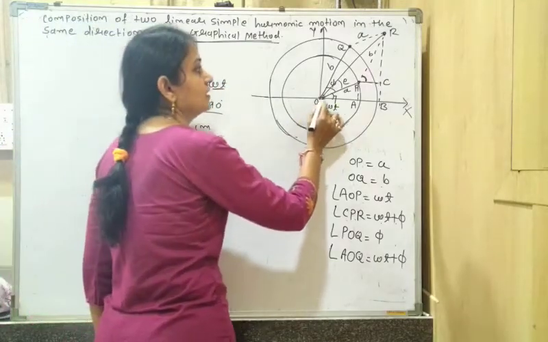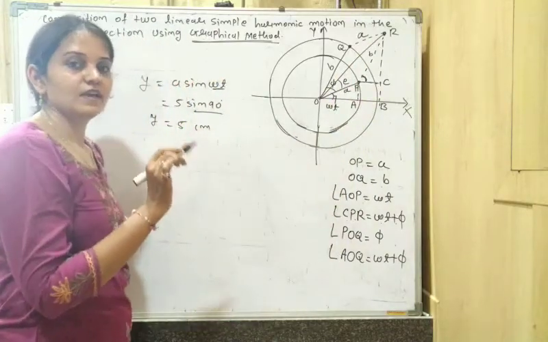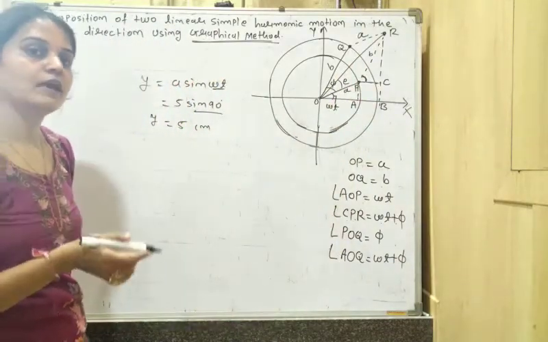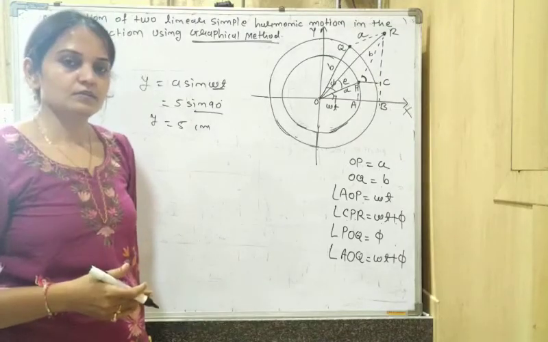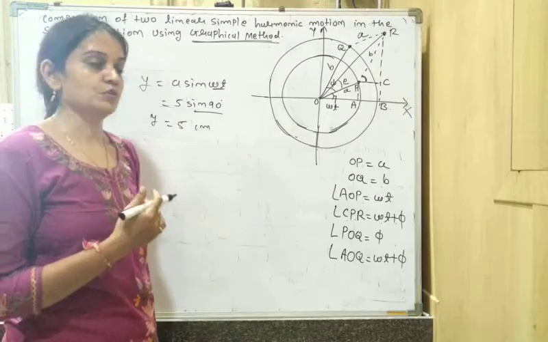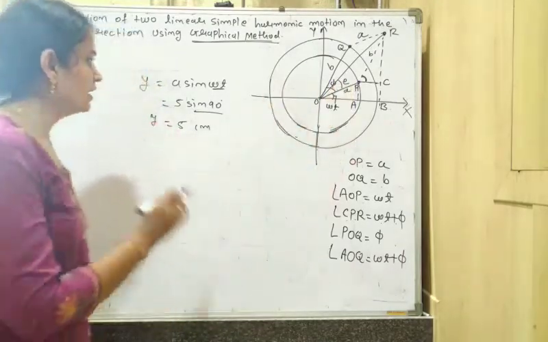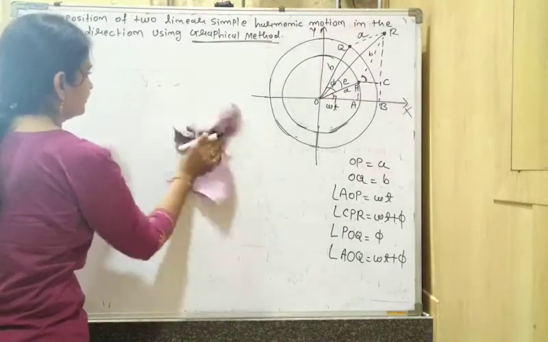So what is the resultant vector? That is OR, and e is the final phase of our resultant vector. So at the end we have to calculate the equation of the resultant vector also. So that is e. Now we are starting from the equations.